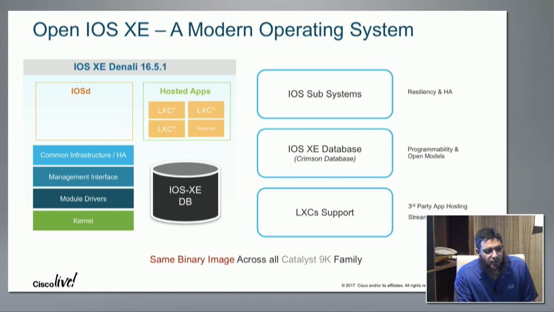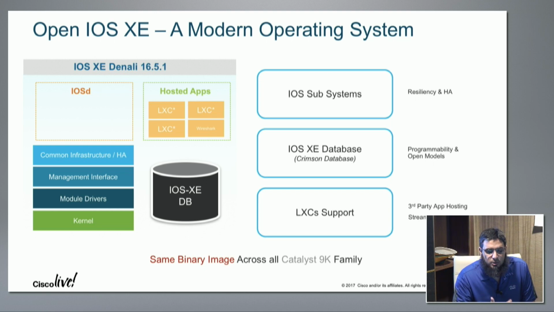So if you look at the IOS, if you go back like 20, 30 years, it used to be a very monolithic piece of code, right? At that time, it used to be pretty fast. It used to run on routers, and that was the need of that time. But today we have different needs.